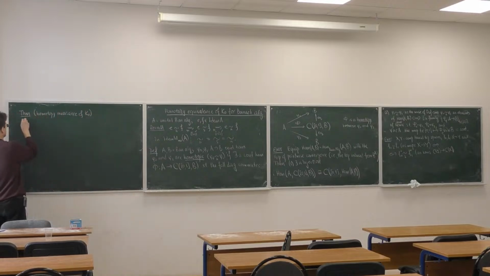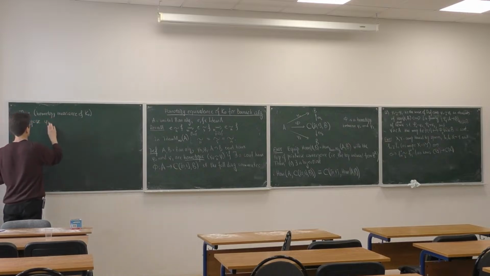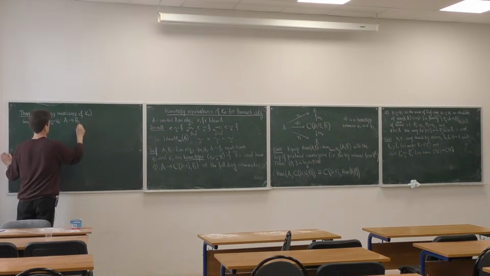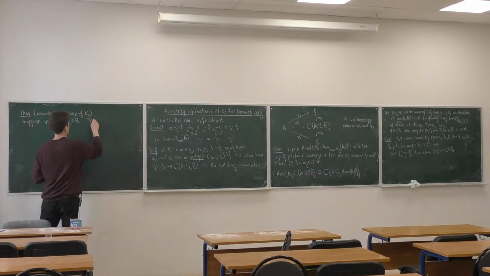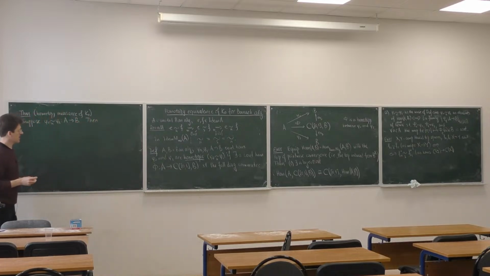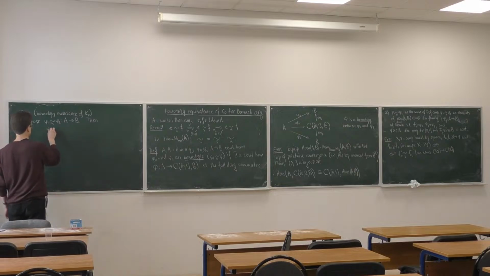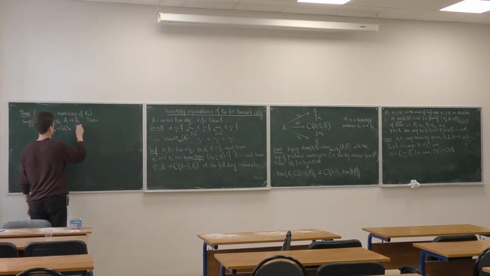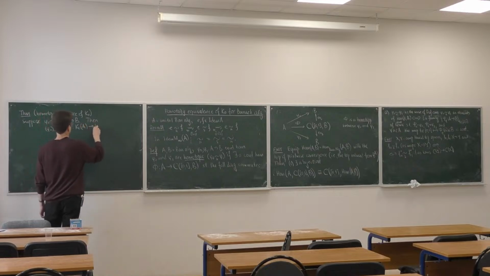So suppose we have two homotopic C* algebra homomorphisms, phi 0 and phi 1, from A to B. I claim that they induce the same map, the same homomorphism of K0 groups. Phi 0 star equals phi 1 star as maps from K0 of A to K0 of B.